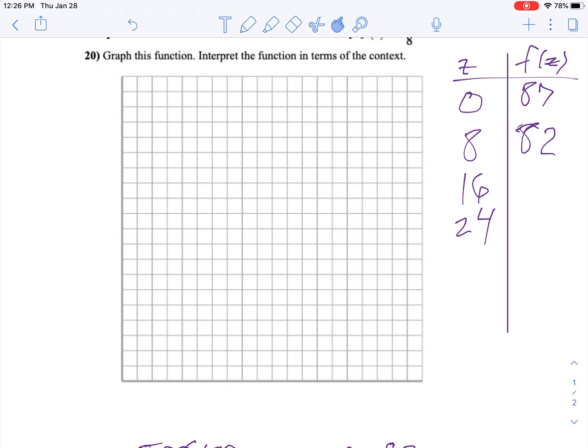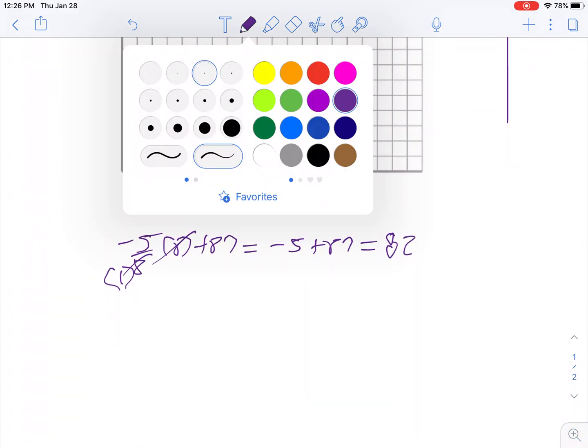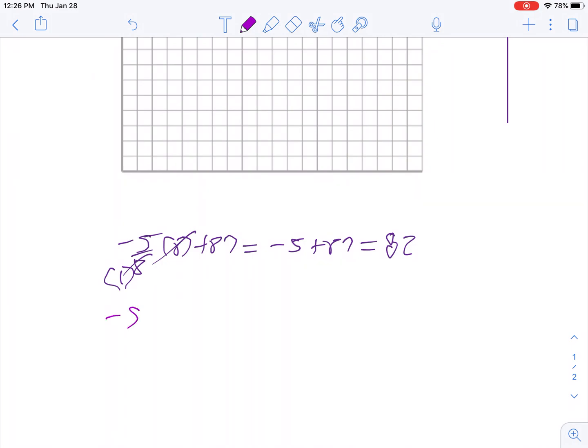If we have 16, I'll switch my colors here so you can see the difference. We're going to go negative 5/8 times 16 plus 87. Well, 8 goes into 16 twice. Negative 5 times 2 is negative 10, plus 87 would be 77.